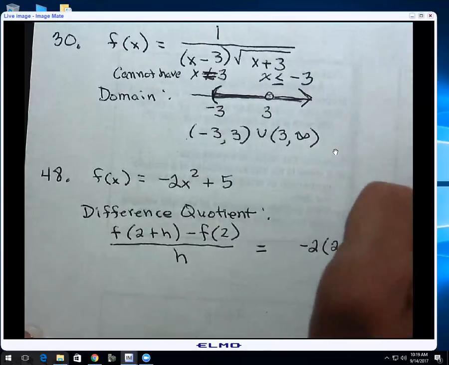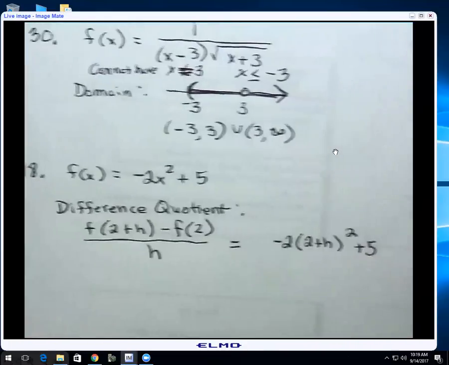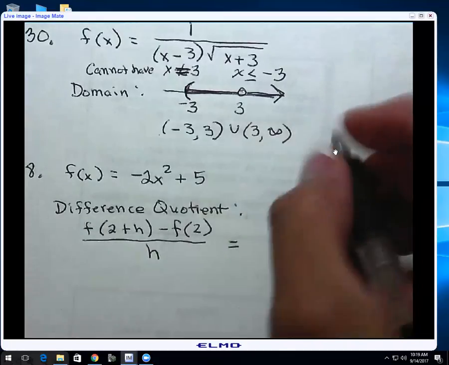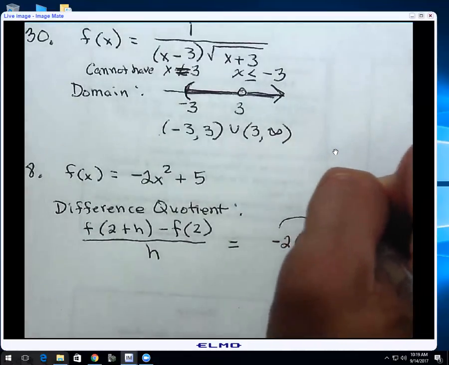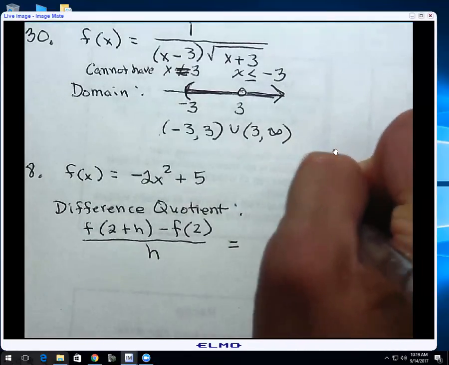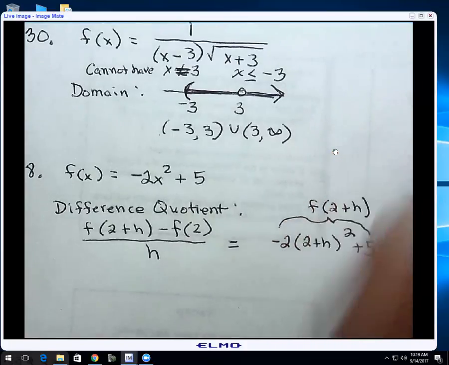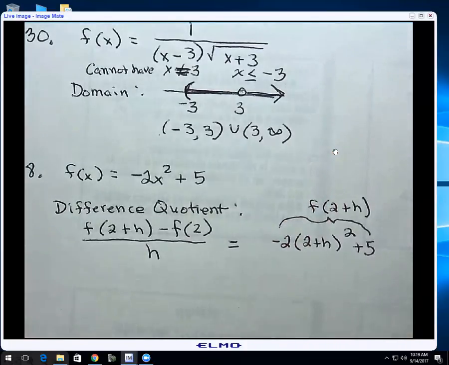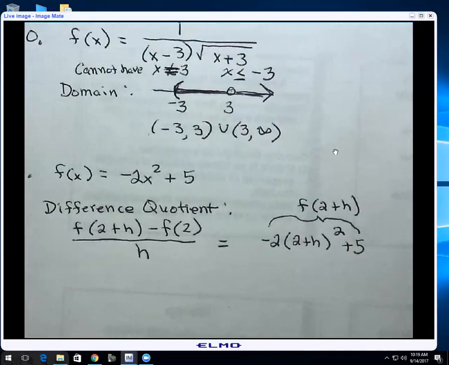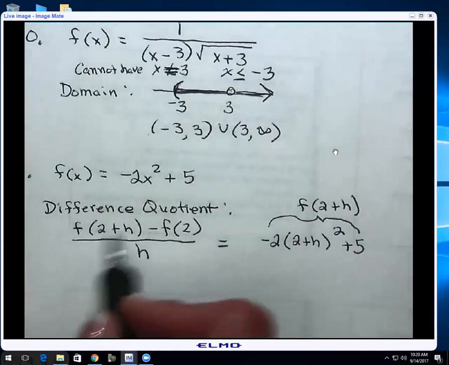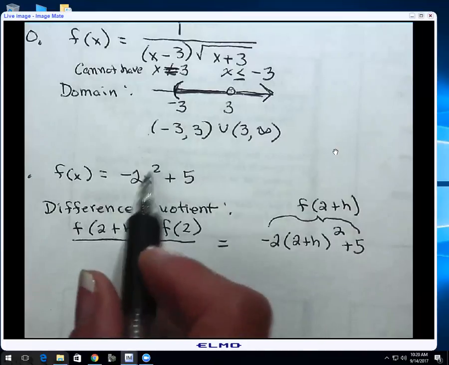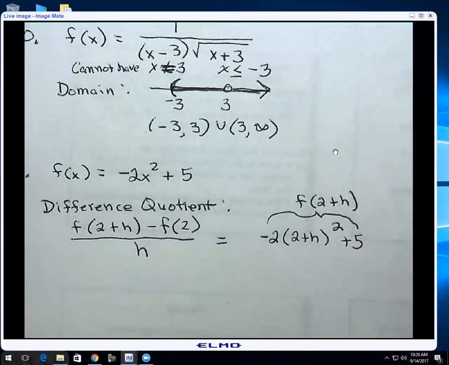And then I have my plus 5. Everything that I just wrote is the first step in that recipe. It's f of 2 plus h. Take whatever is in those parentheses and just plop it down in place of the x.